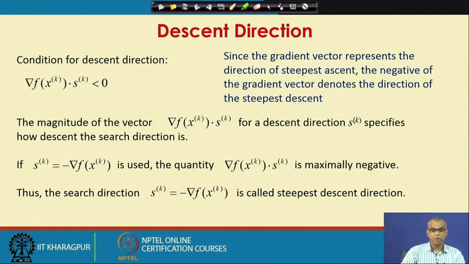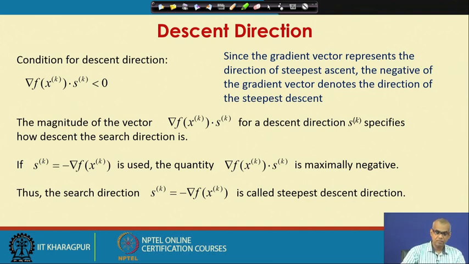Now, the magnitude of the dot product of the gradient of f with s for a descent direction s specifies how steep the descent in such direction is. If the magnitude is high, it is more descent.